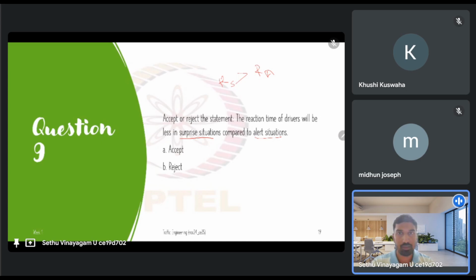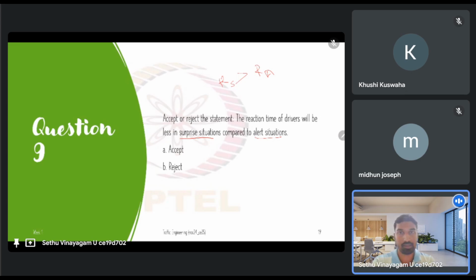A simple case would be traffic signals. For example, when you are waiting at the red and the timer goes down, you know that it's going to turn into green, so you don't need too much time to react and then accelerate and move when the signal changes. That's why the reaction time in intersection signal design will be lower than in other scenarios.